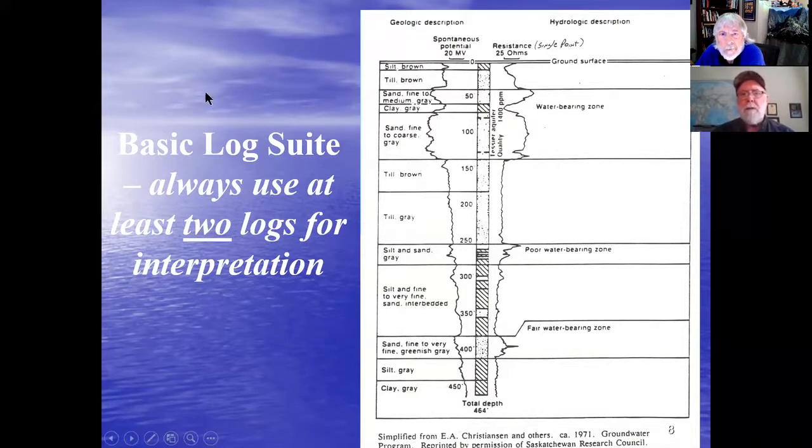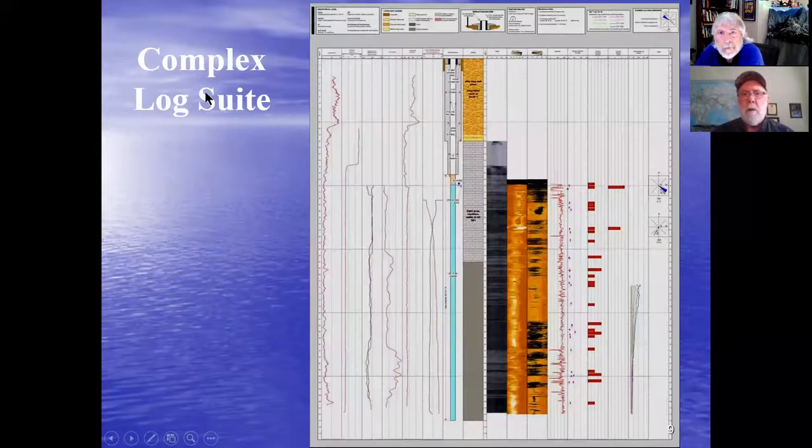The next slide is going to show you a more complex output and log suite of multiple curves, including a gamma ray, some resistivity logs, and what you're seeing toward the center in color is both an optical televiewer and an acoustic televiewer output.